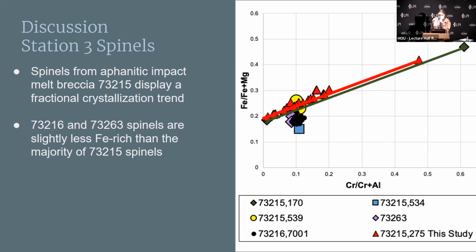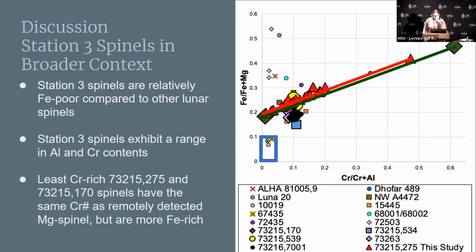We have 73215 in red, green, yellow, and blue. The majority of these plot along that 170-275 trend, except for one of the more iron-poor 73215-534 spinels. And the other two from Station 3, 73216 and 73263, are slightly more iron rich than the majority of the 73215 spinels.